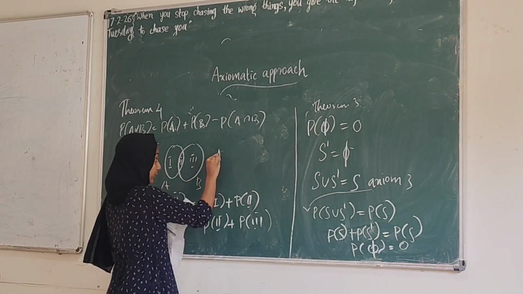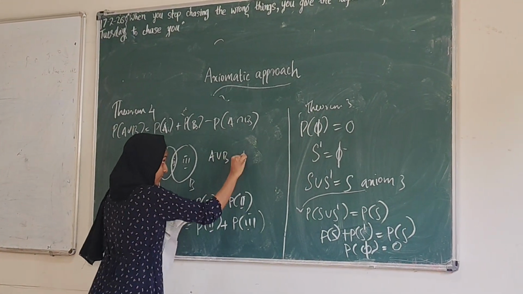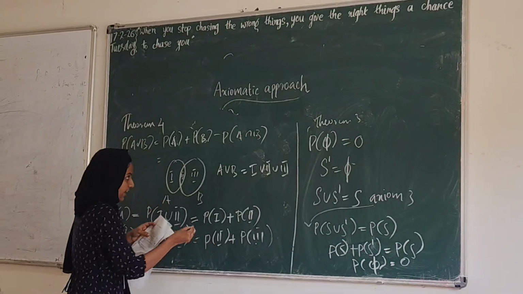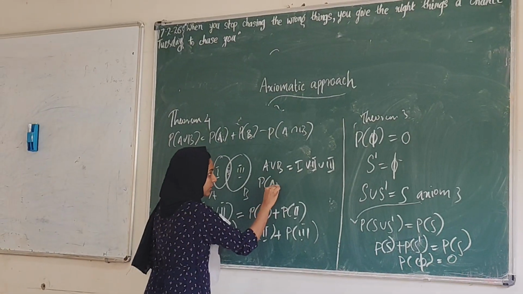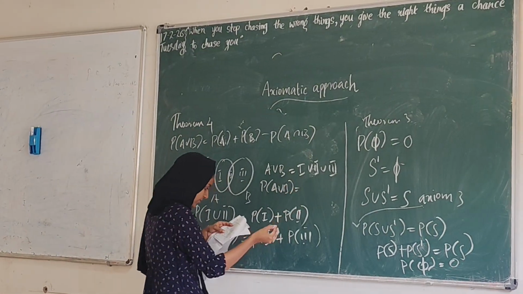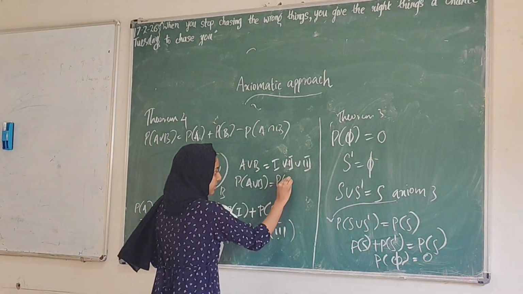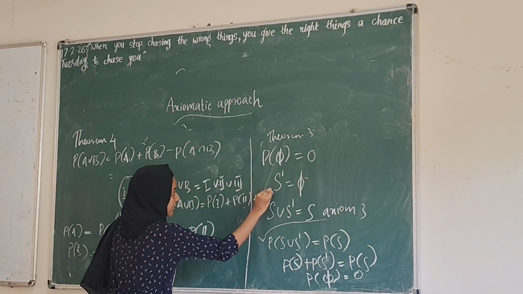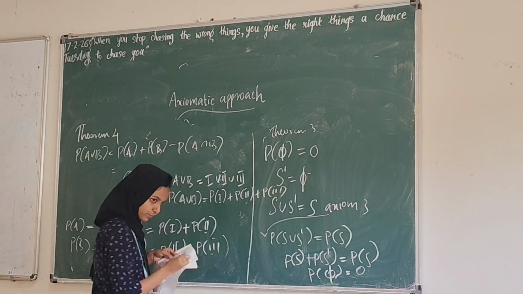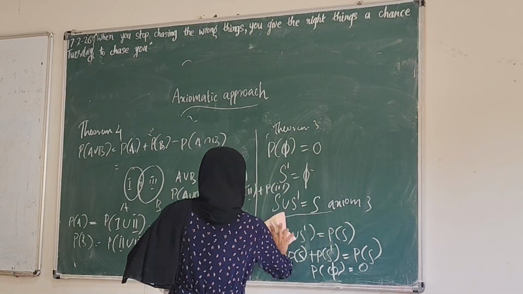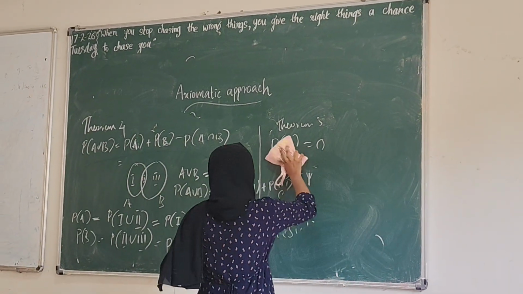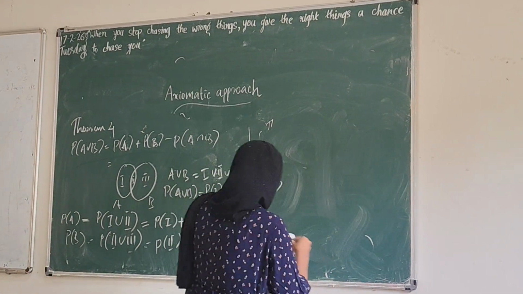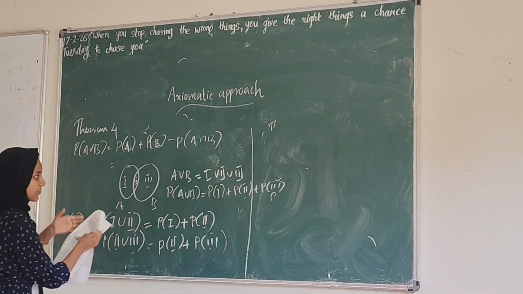Here we know A union B is equal to 1 union 2 union 3, and P of A union B is equal to P of 1 plus P of 2 plus P of 3.